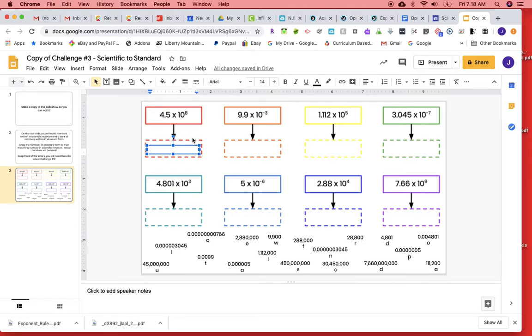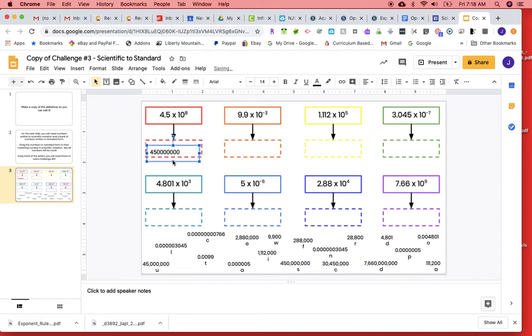If I'm doing this, I'm just going to write out the number. So I have 4, and then we have to move it past the 5. So that's one place value. And then all the rest, I just have to add zeros until I have a total of 8 movements. So I went 1, 2, 3, 4, 5, 6, 7, 8. So I put the 5 and then added 7 zeros.